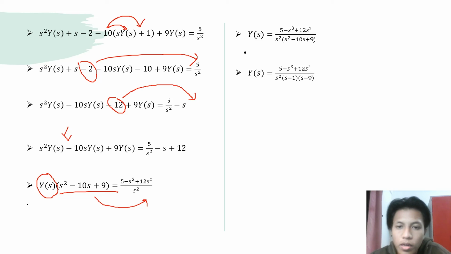So we get 5 minus s cube plus 12s square over s square times (s square negative 10s plus 9). So the equation we factor, and then we get 5 minus s cube plus 12s square over s square times (s minus 1) times (s minus 9). Okay.